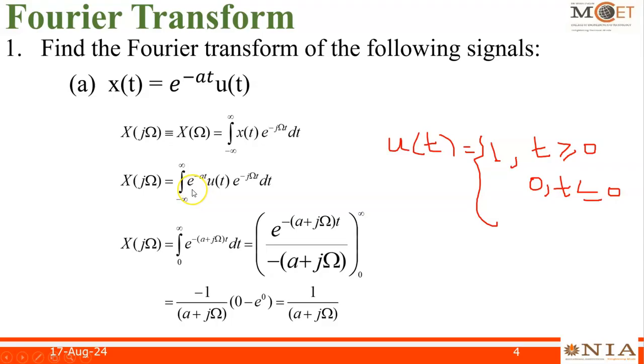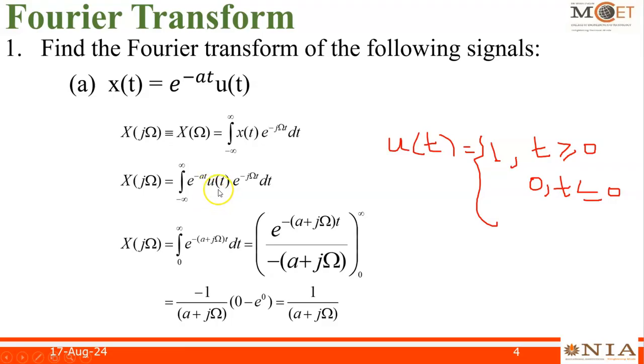So here we are substituting e power minus at into u of t for the function x of t here. Next, we can combine these two exponential terms, then followed by we can write the correct values for the integration here.